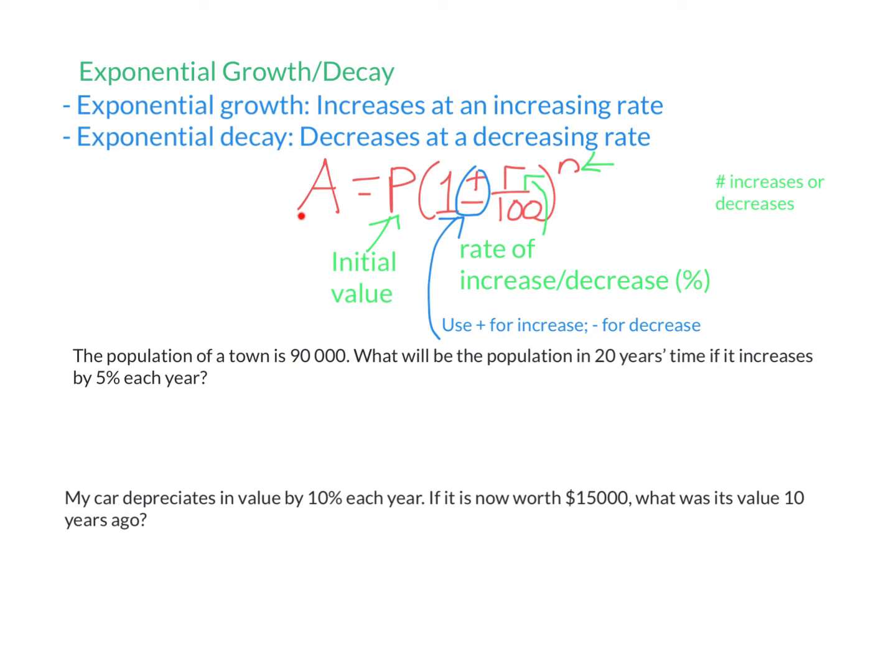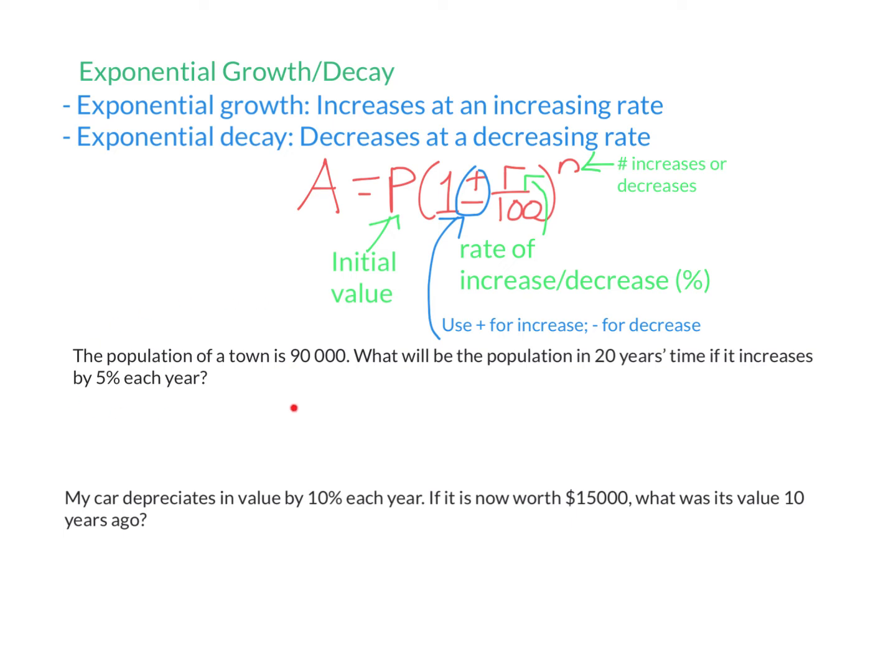A, the amount you have, equals P times 1 plus or minus R over 100 to the power of N. P is the value you started with, R is the rate of increase or decrease as a percent, and N is the number of times you increase or decrease the amount. So what does this plus or minus here mean? Well, you use plus if you're increasing, you use minus if you're decreasing.